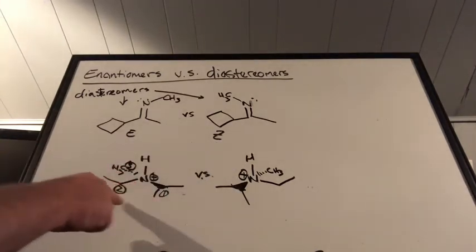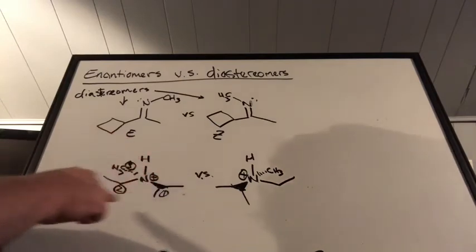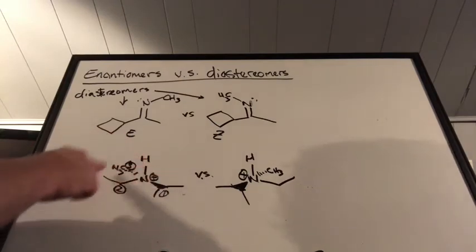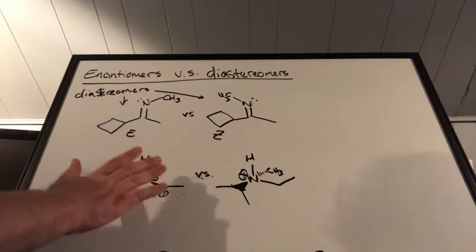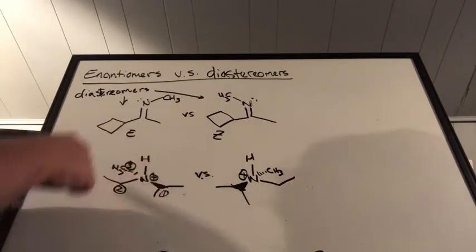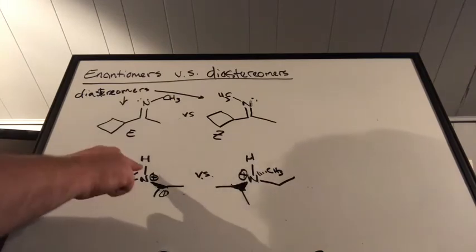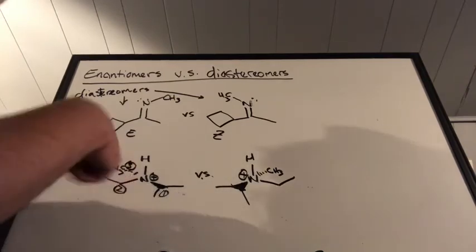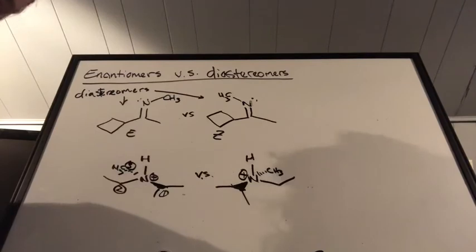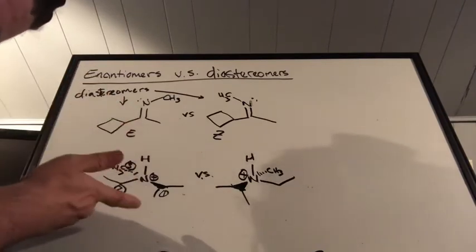Okay, so back to what we have two-dimensionally here. If it's going to go 1, 2, 3, as we're seeing it right now, we would just say, oh, hey, look, that's R. Well, not exactly, because this fourth priority isn't in the back. If you flip it over into the back, then it's going to switch, right?